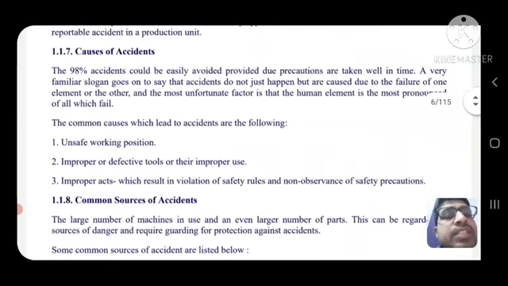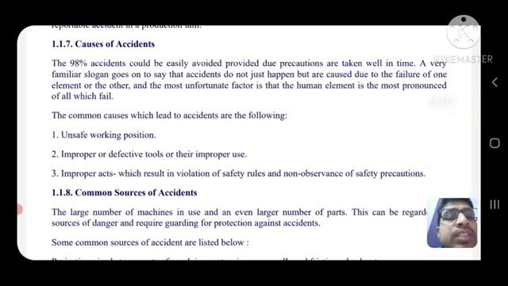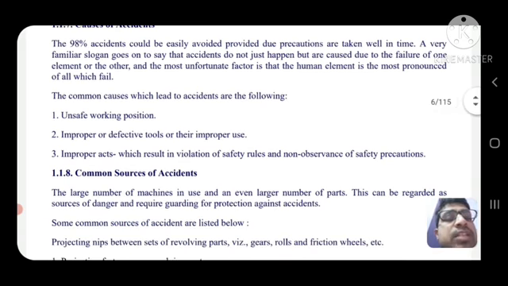Causes of accident. Ninety-eight percent of accidents could be easily avoided provided due precautions are taken well in time. A very familiar slogan says that accidents do not just happen but are caused due to failure of one element or the other.